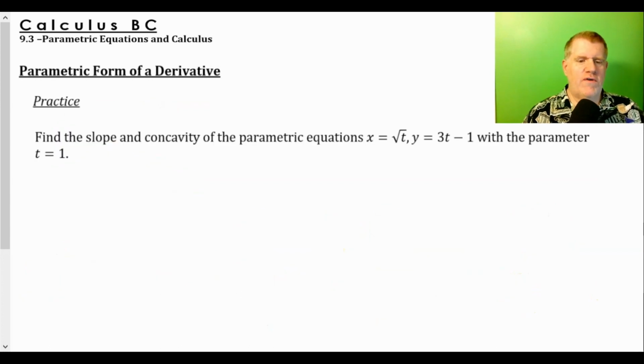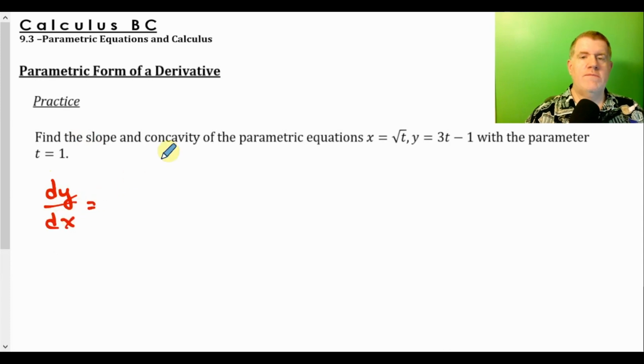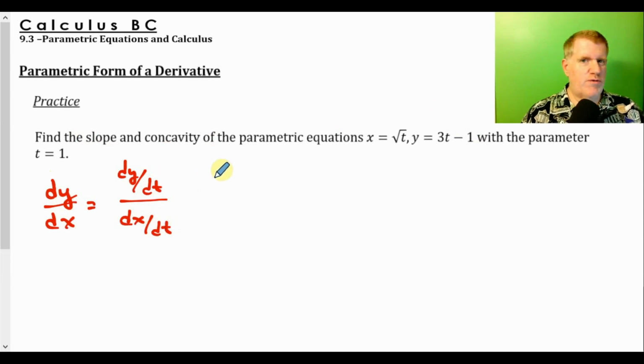Find the slope and concavity. For the slope and concavity, of course, we need to find a first and second derivative. The first derivative is dy over dx, and that is dy over dt over dx over dt. That's why this Leibniz notation is actually really good, better than y prime. I know it's a pain to write all the time, but it makes the ratios flow better.